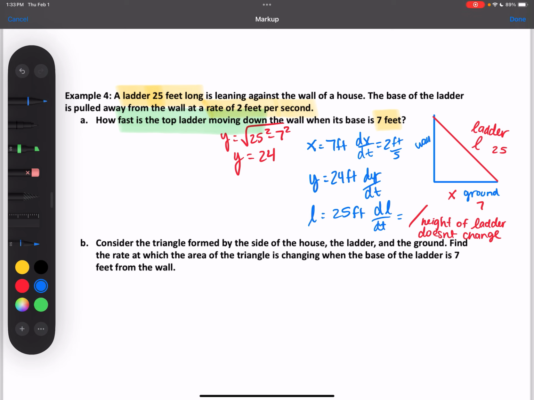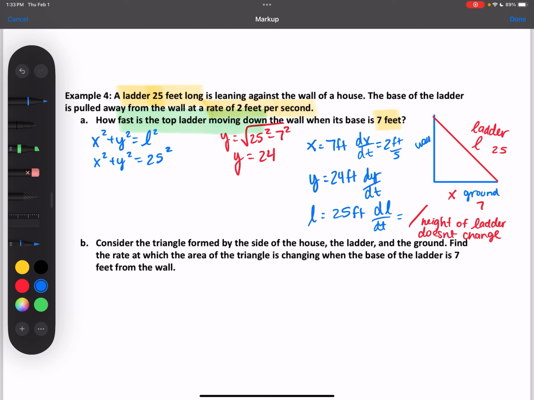All right, so we know that x squared plus y squared is equal to L squared. But we just said that the length of the ladder isn't changing. That means it's constant. So I'm going to replace L with 25. So x squared plus y squared equals 25 squared. Now we take the derivative.